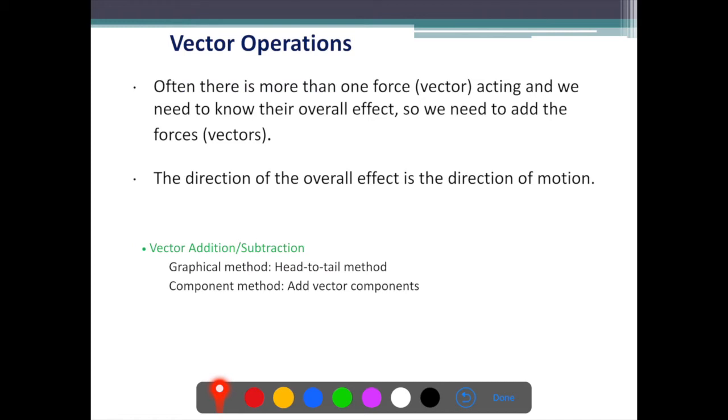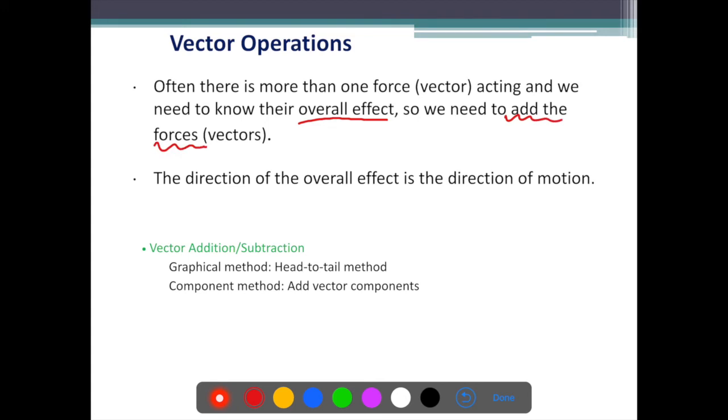But often, like we've seen in the example of the rock on the slope, there is more than one force acting on the object, and we need to know the overall effect of those forces. In that case, to know the overall effect, we need to add the forces up.